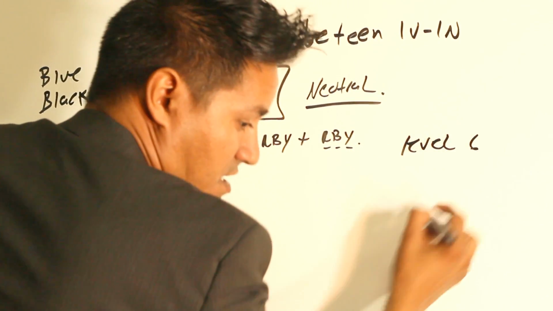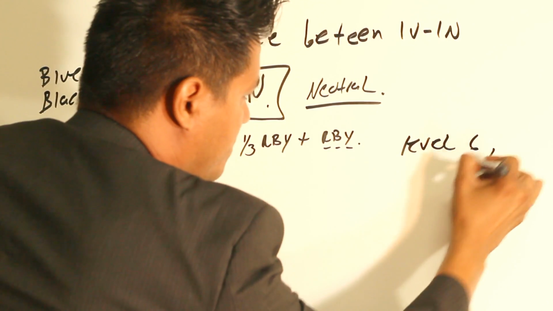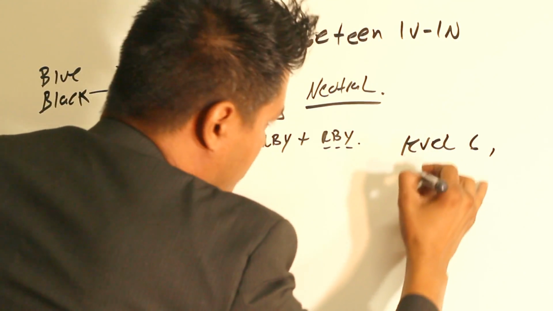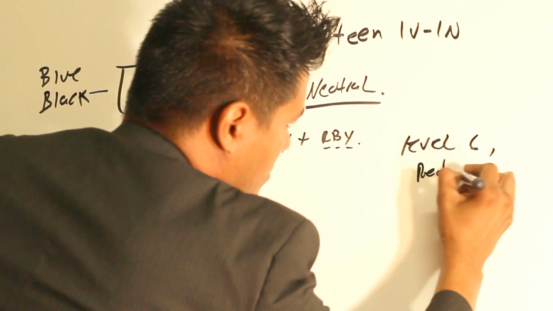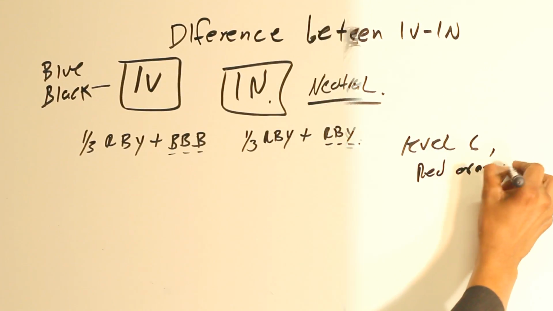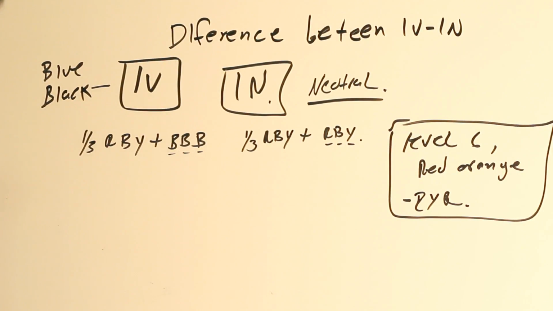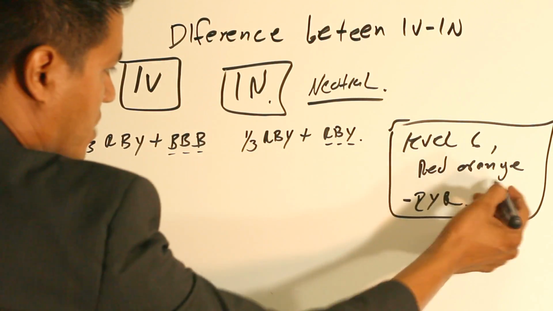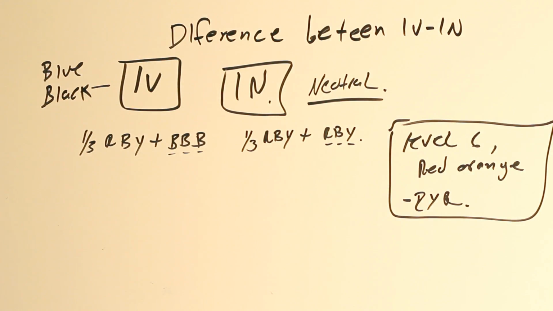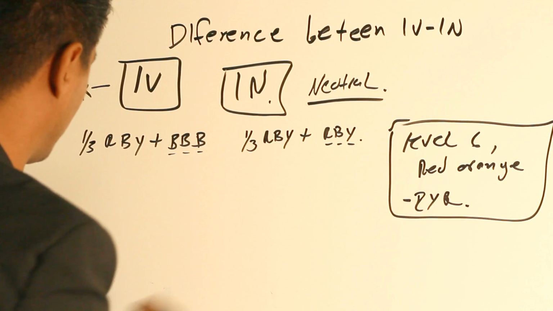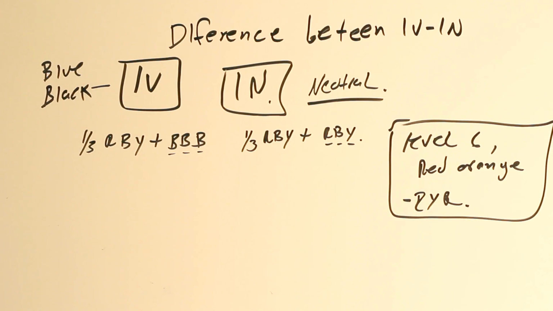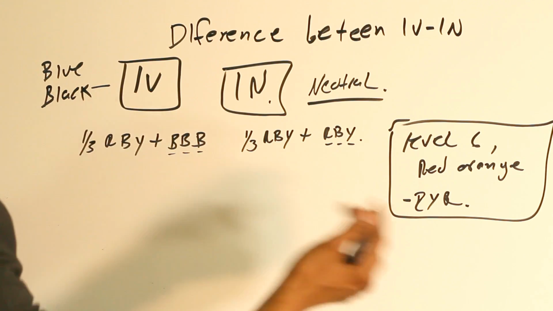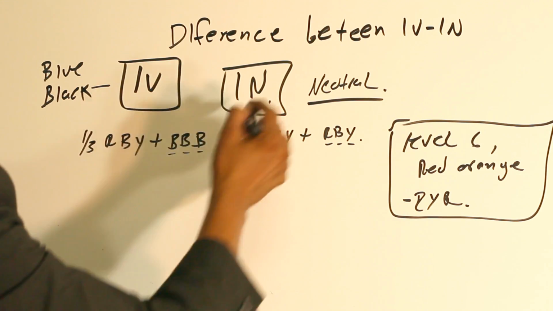The undertone for level 6 is red orange. So at level 6 we have the undertone, red orange, and in the regular numbers we're talking about red, yellow, and red. Now we're going to add a blue black 1B to the level 6 hair color. I'm going to be adding 1N to the same formulation.